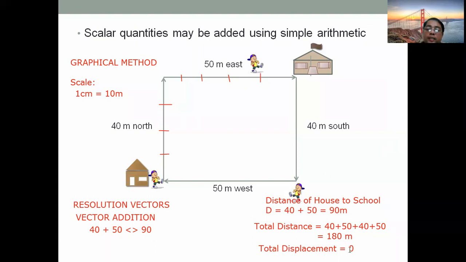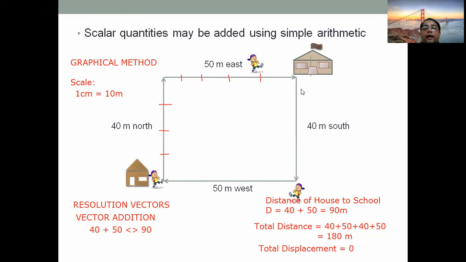Now, question, why is it 0? Because the boy returns home. From where he started, how far is he from where he started? That value is 0, because he's back to where he started. But again, the total distance he walked is 180 meters.